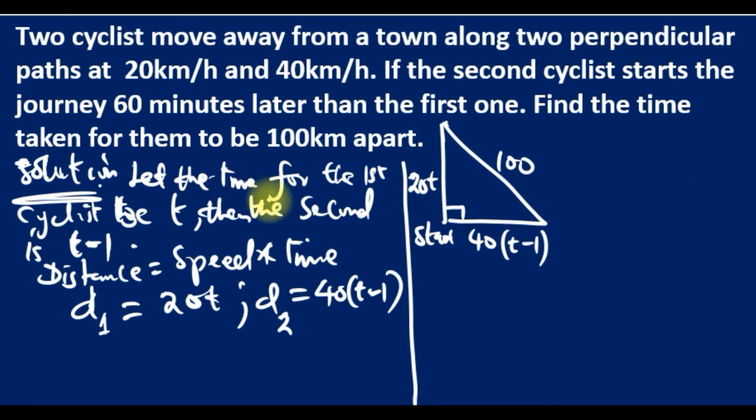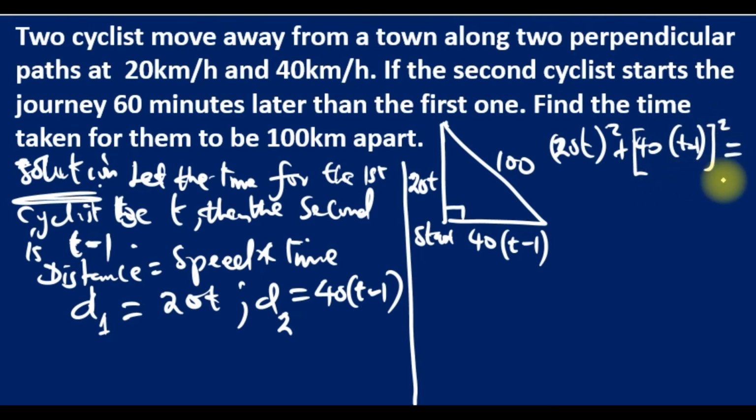So applying the Pythagorean theorem, we know that 20t squared plus 40 times t minus 1, all squared, will be equal to 100 squared. Yes, by Pythagorean theorem. So let's expand.